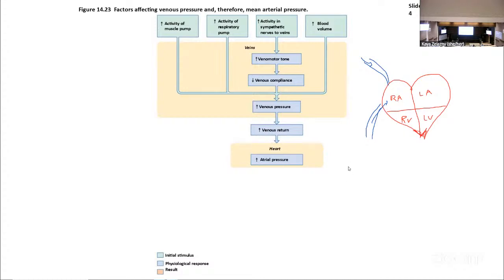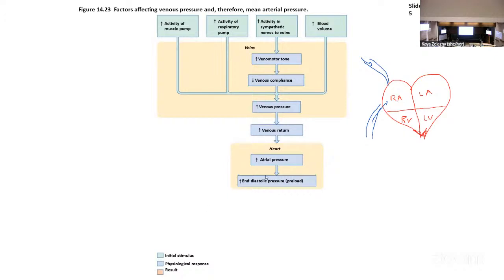Okay. So that sets us up for this next little piece, right? So this means an increase in atrial pressure, means our preload for the heart is a little more. So we're also increasing the pressure that we see at the end of diastole, right? So essentially, we're going to be able to squeeze out more blood because we have more blood and we're creating this higher pressure in the heart as we're filling it.